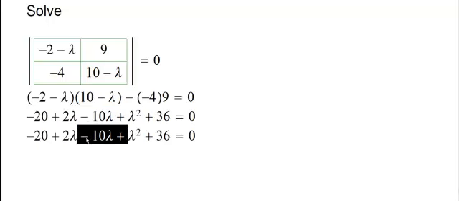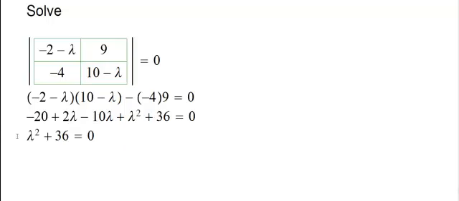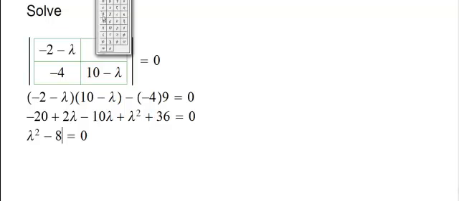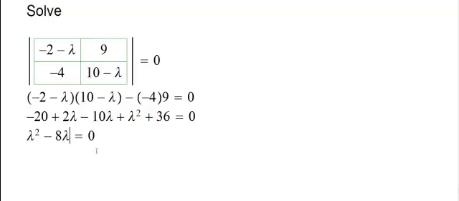So this will give us lambda squared, and then we got negative 8 lambdas, and then negative 20 plus 36 is 16. Then we have lambda minus 4 squared equals 0, right?